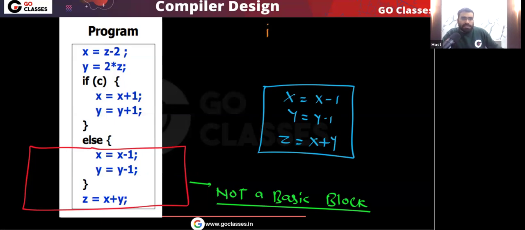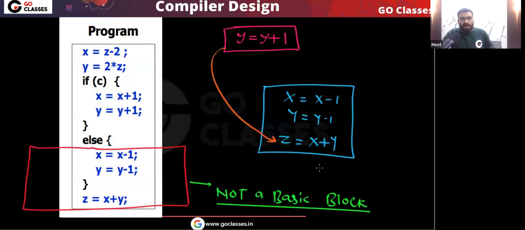The problem is that from here, from this y equal to y plus 1, there is some instruction. From that instruction, it is possible that I can come to this instruction, right? Is this flow of control possible or not?